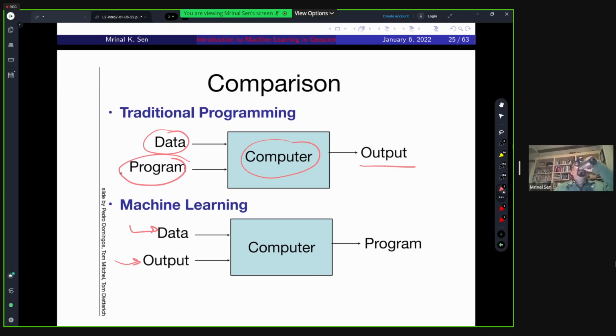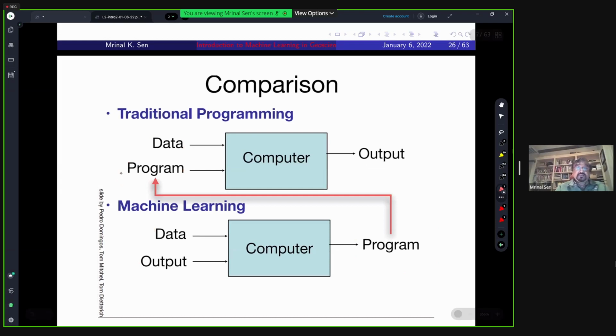And then you present a whole bunch of these to the computer. And this basically outputs a trained network to which you then give another unknown data set, and then it can predict your desired output. So here, this is your traditional programming. You have data and program, feed it to the computer, and it gives an output. And this is mostly physics-based, but it doesn't have to be.